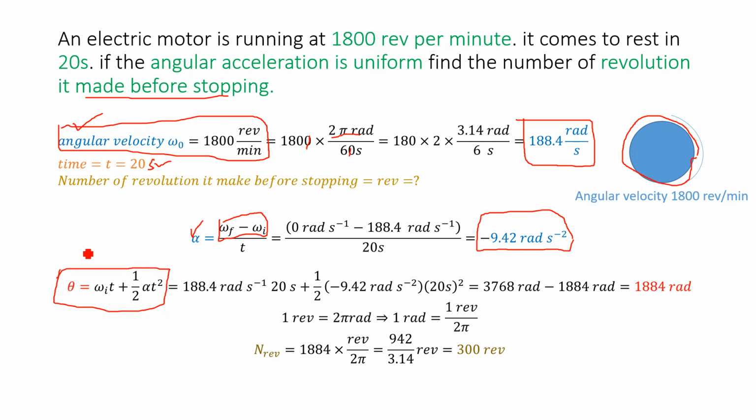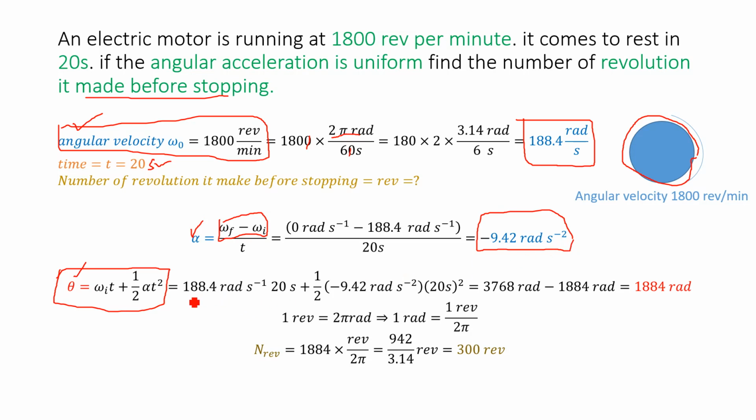In linear form, we would say s is equal to v i t plus 1 over 2 a t square, but here we are dealing with theta. So theta is equal to omega i times t plus 1 over 2 alpha t square, where theta is how much it revolves, in radian, and omega i is the initial angular velocity. Time t is given as 20 seconds, and alpha is the angular acceleration which we have determined.